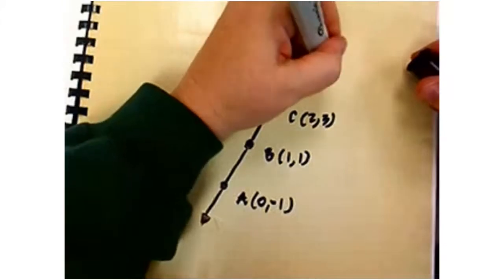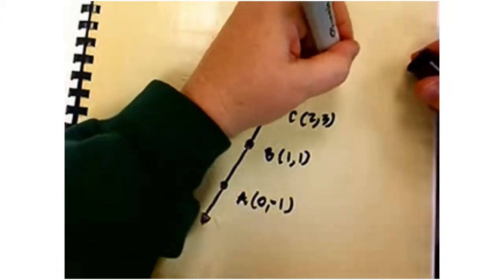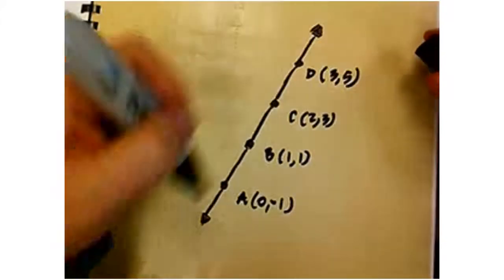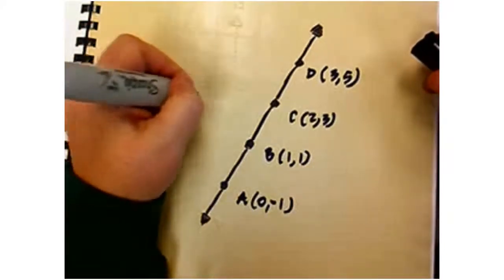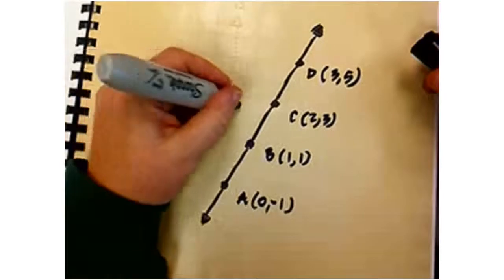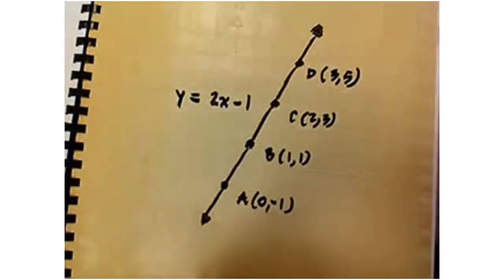And point D is 3, 5. And then they draw a line in between, and to the left of the line they put y equals 2x minus 1, because that's the equation of the line. And you did this back in Algebra 1 days again and again and again. I'm sure your Algebra 1 teacher had you graph linear equations.